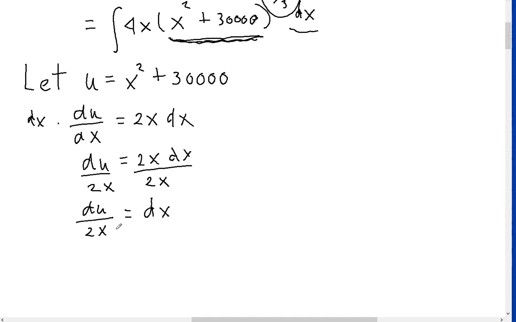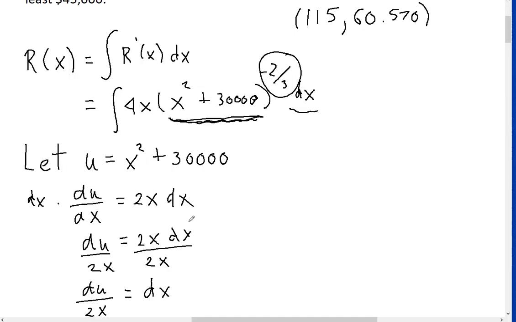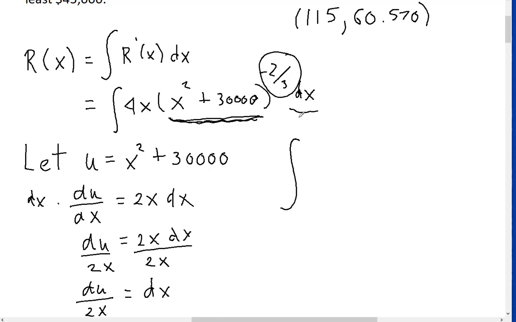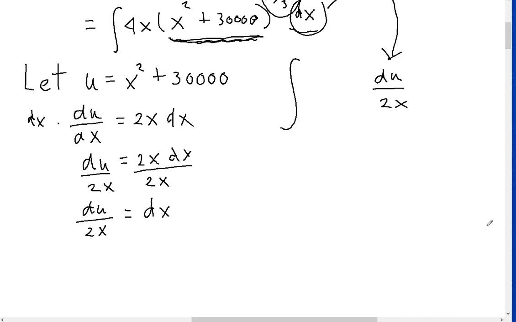So I go back to my original, okay, and what I'm going to actually integrate, and I haven't done any integration yet, I've just done the substitution and taken the derivative so that I can get an expression with a u in it for the dx. So instead of this dx that's here on the end, I'm going to put du over 2x because that's what we found dx to be. See down here, that's what we found dx to be.